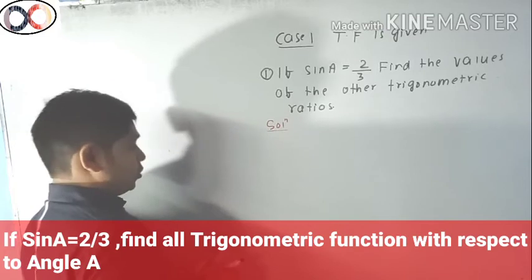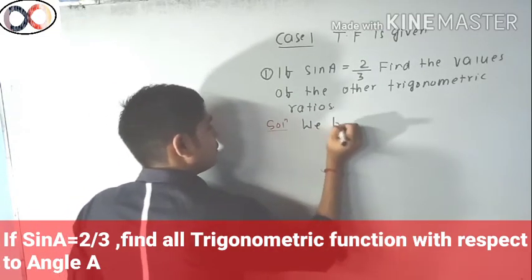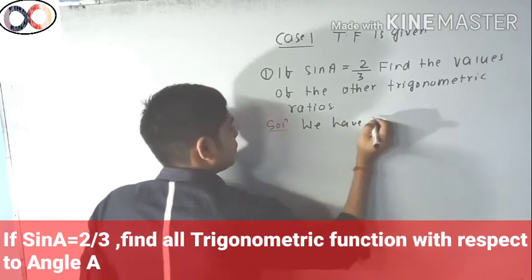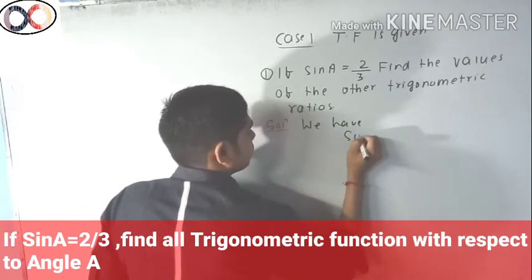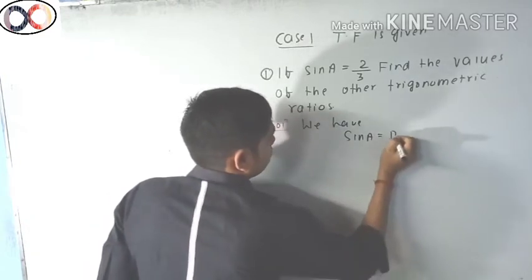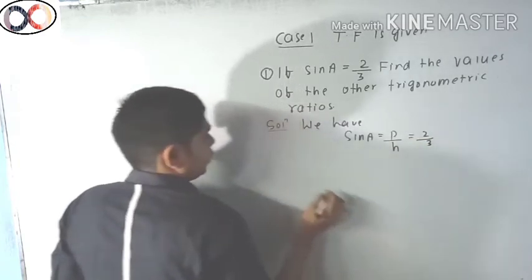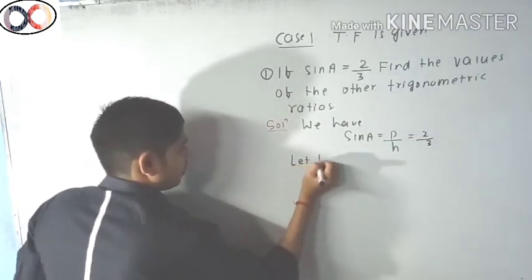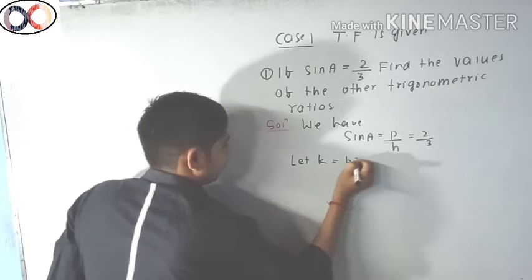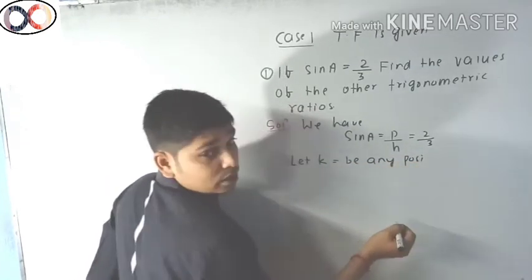First of all, sin A equals P by H, and here is the 2, here is the 3. Let K be any positive integer.